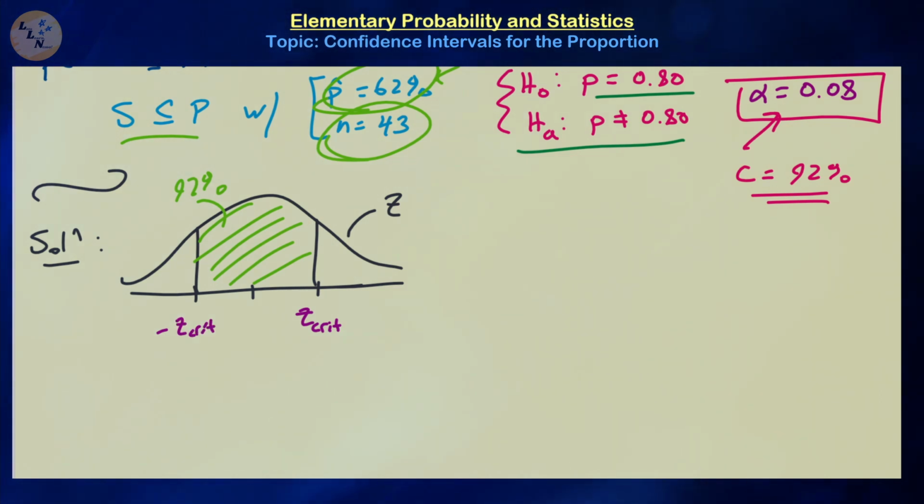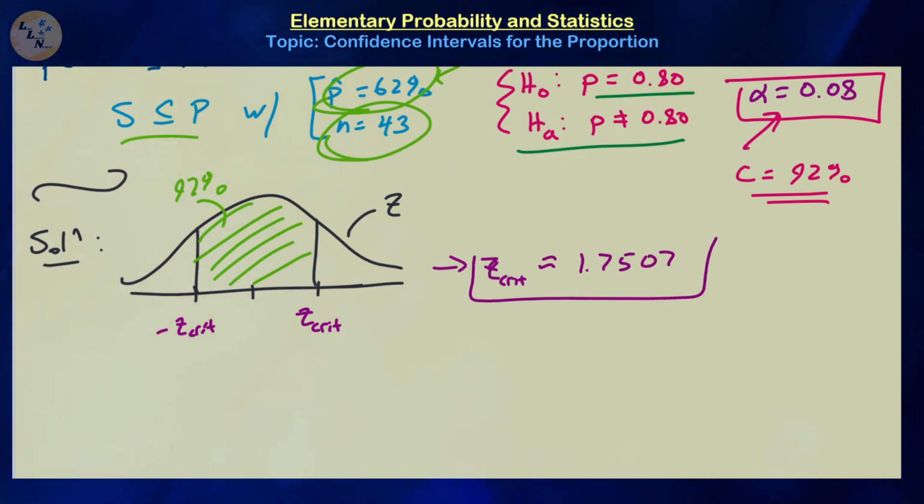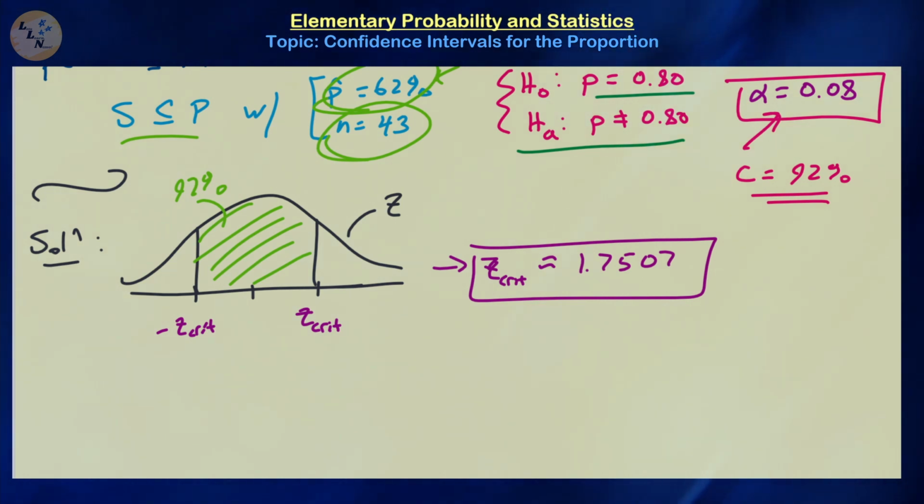So one should be able to find by now that this z critical value for a two-sided symmetric 92% confidence interval is going to be approximately equal to 1.7507. Once we have our z critical value, then we can calculate the standard error of the estimate associated to using p hat as an approximation for p.